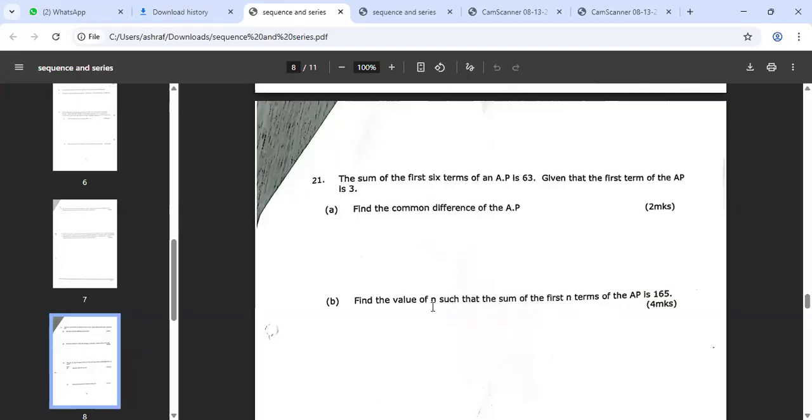Then part B, find the value of n such that the sum of the first n terms of the AP is 165.